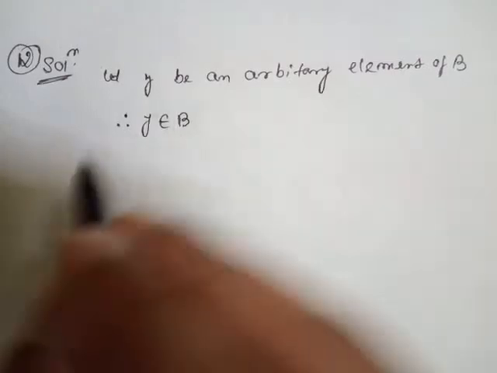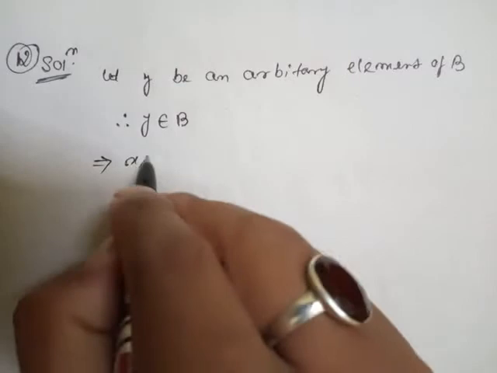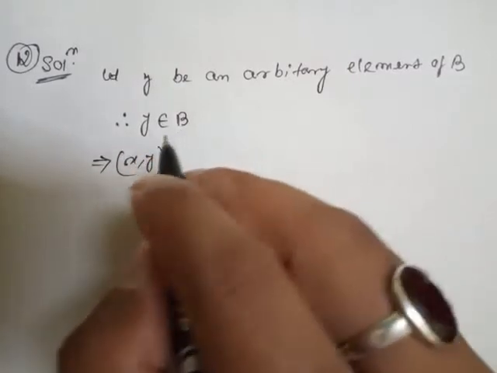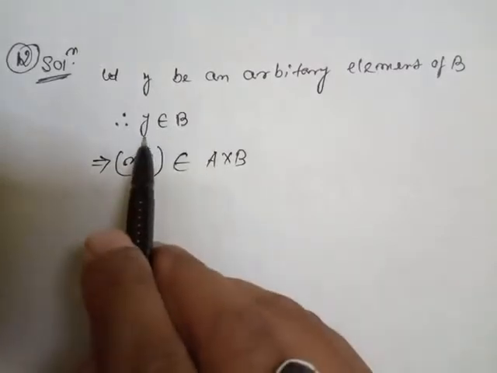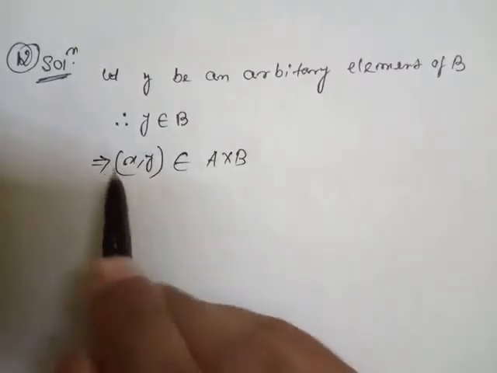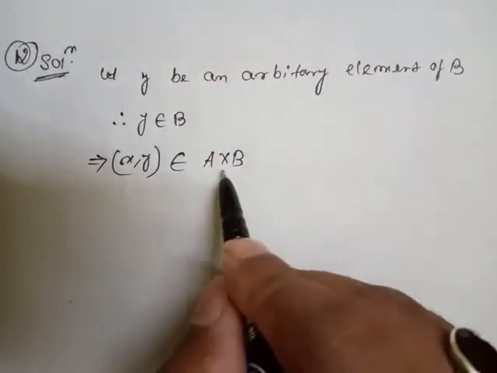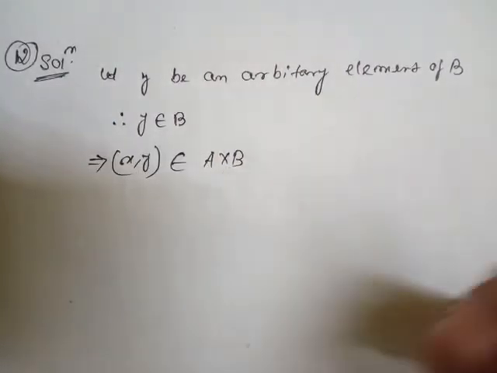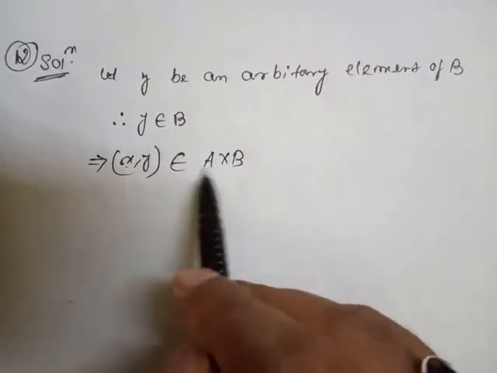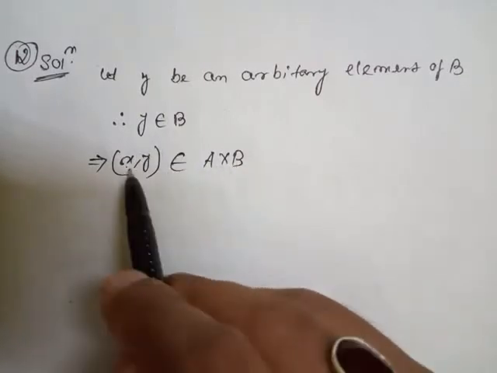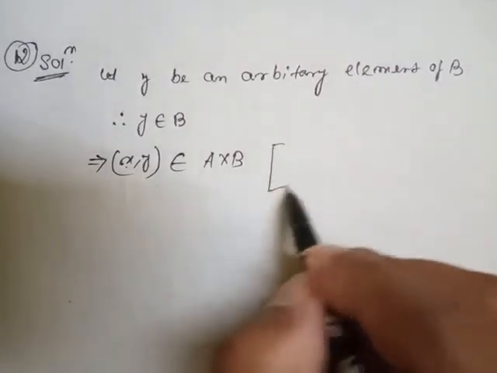Now in the next step, I write (x, y) belongs to A product B. So if y belongs to B, then (x, y) belongs to A product B, which means if y belongs to B, then x belongs to A. That's why (x, y) belongs to A product B. And here I will write the condition.